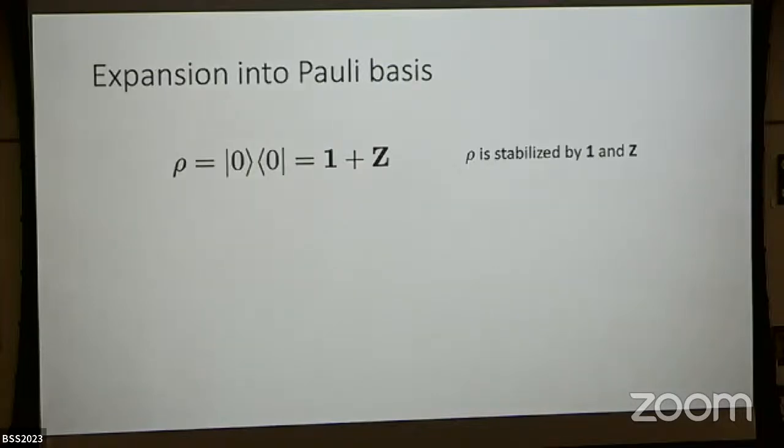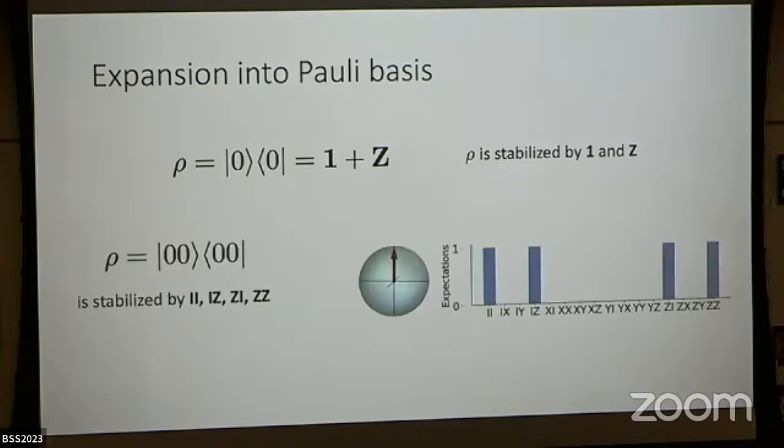Okay. So, right. We're going to take our density matrix and expand it in the Pauli basis. And then we say that those Paulis stabilize that state. So now take the example of 2 qubits in the 0 state. This state is stabilized by these combinations of 2-qubit Paulis.